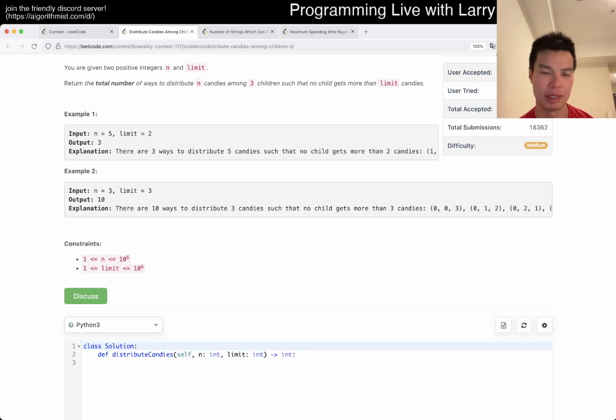Okay, so if you think about it in DP, then there's always one way to do the previous one. So now you iterate the second person, but then you have to iterate that, and that's n squared, right? So what is limit? Limit is going to be limit choose 3. What does limit choose 3 mean? No, it's not limit choose 3, it's n choose 3, and then each of them can be at most limit.